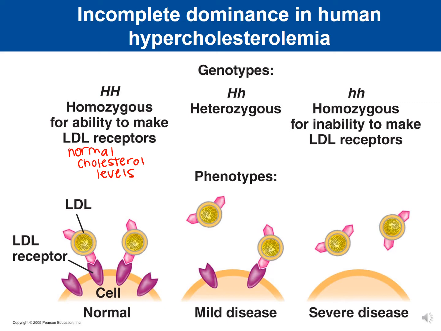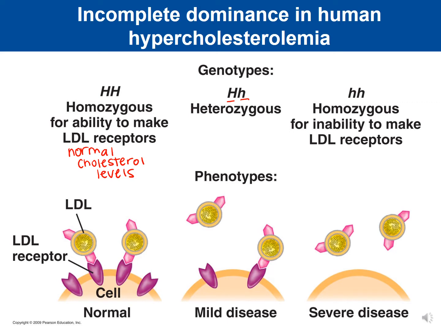If you are heterozygous, meaning you have one allele to make the LDL receptor, and your other allele, the little h in this case, is mutated, that little h is the inability to make LDL receptors. And so if you're big H, little h means that you make some LDL receptors, but not as much because you don't have two functional genes.